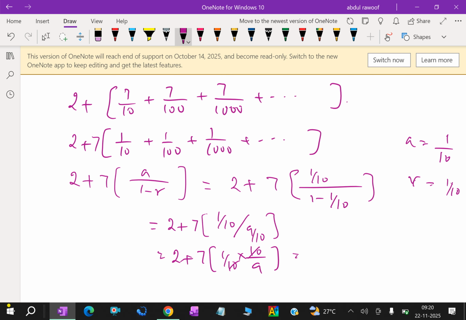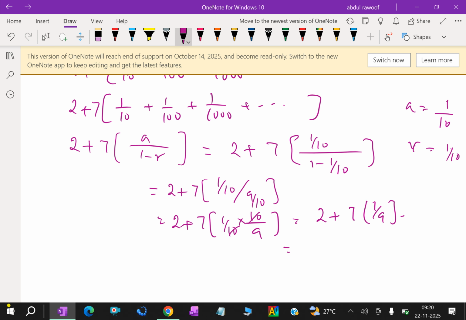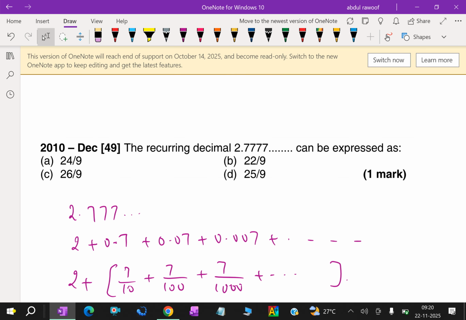It's 1 by 9, so 2 plus 7 times 1 by 9, which is equal to 2 plus 7 over 9. The LCM is 9. 2 nines are 18 plus 7, which is equal to 25 over 9. Our option is 25 over 9, option D.